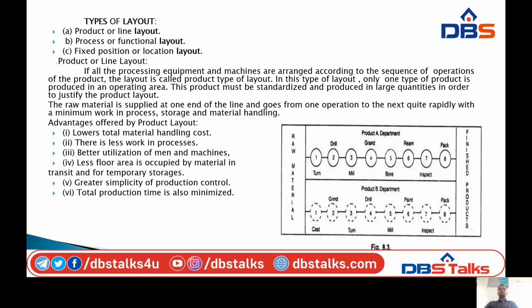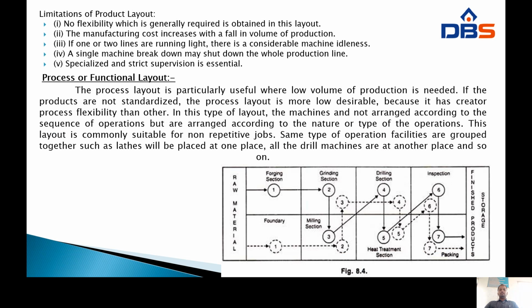But the limitations: there is no flexibility, which is generally required, in this layout. That means whenever there are any changes in the layout, we can't maintain the production in a smoother manner.